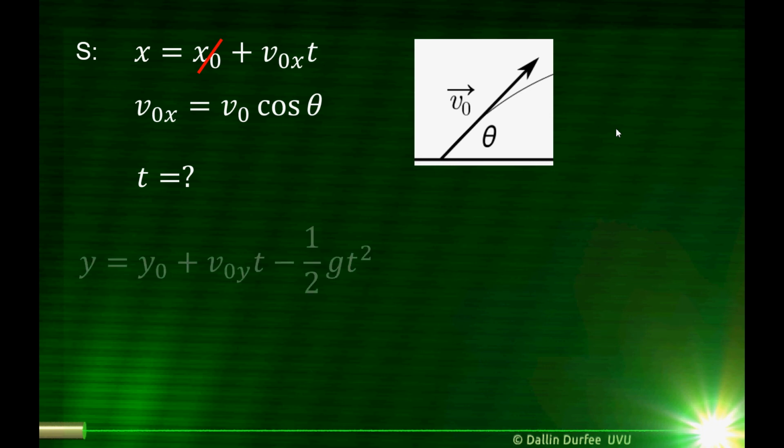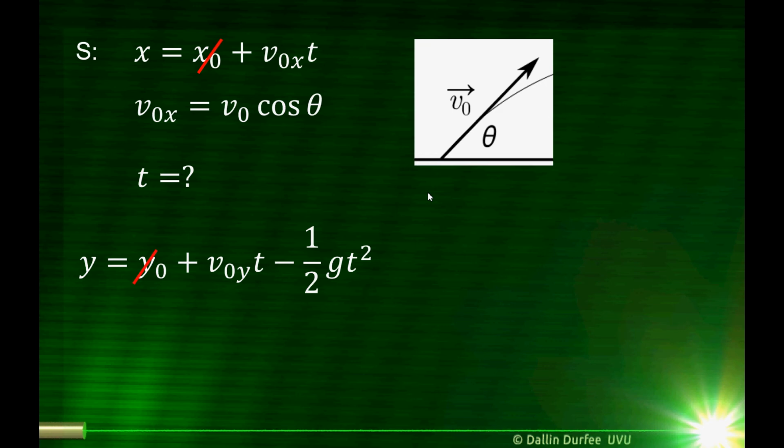To find the time, I'm going to use the y equation. Remember the y equation, that's where I have the acceleration, and it has a time in there, but it also has a time squared, because I integrated that constant acceleration twice to get y. Once again, I get to choose my coordinate system, so I'm going to let the point at which the cannonball was launched be y equals 0, so that goes to 0.